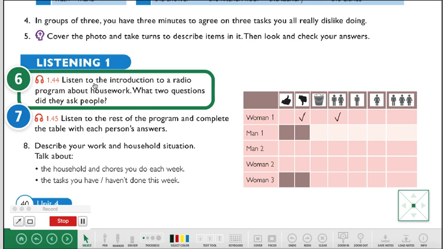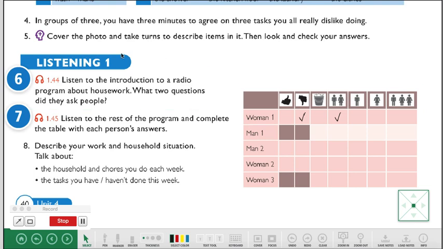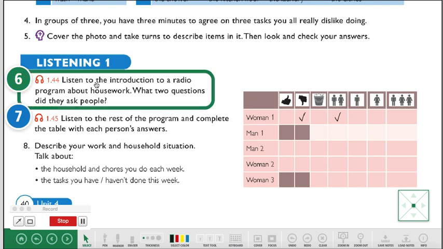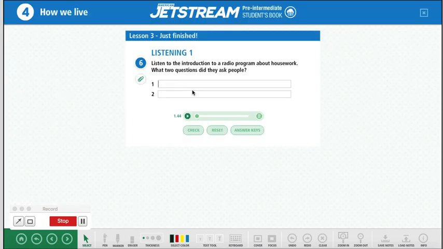Exercise number 6 is an audio, okay? This is the audio section, listening 1. So listen to the introduction to a radio program about housework, okay? What 2 questions did they ask people? Which are the 2 questions they asked the people over there?